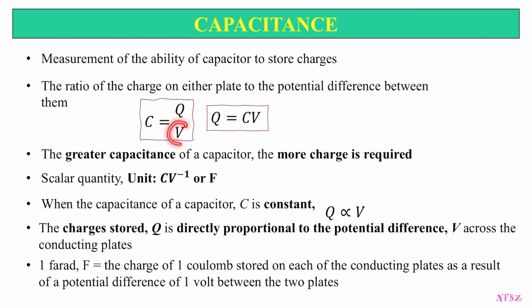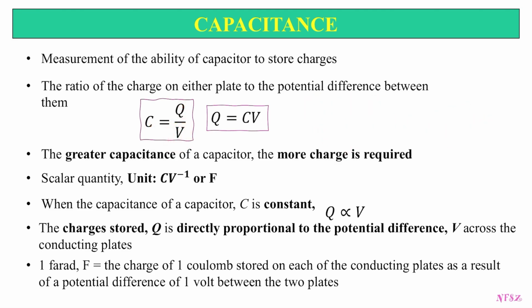We just use V, because the gap is so small, so the value is the same. So C equals Q over V, where Q is the charge and V is the potential difference.